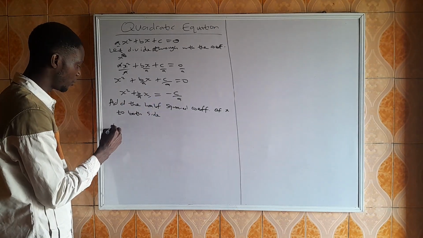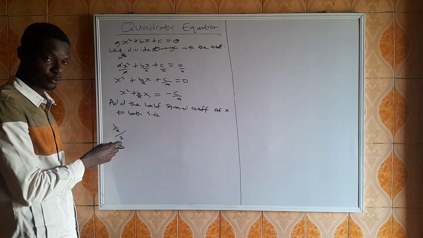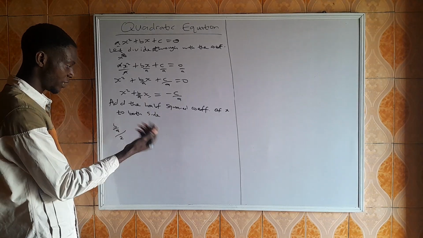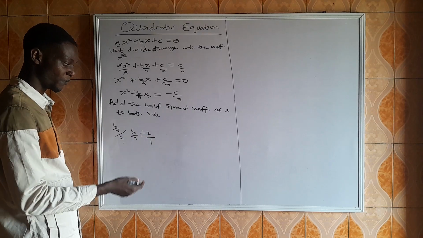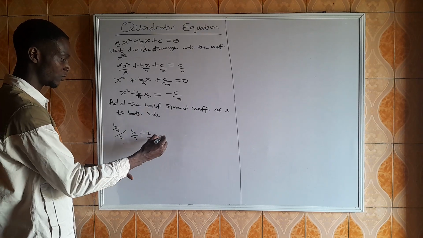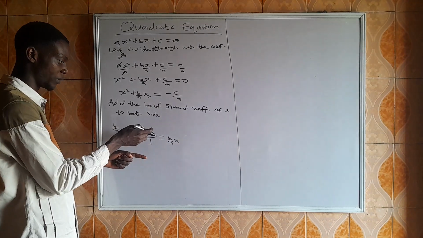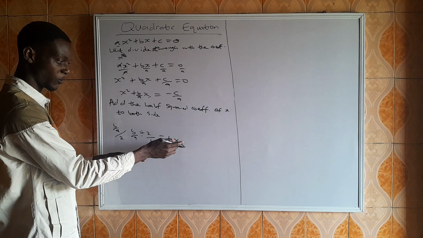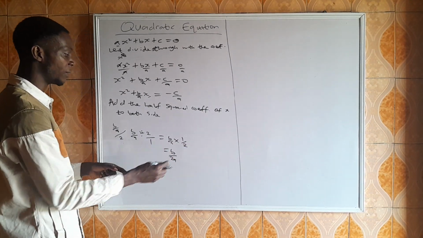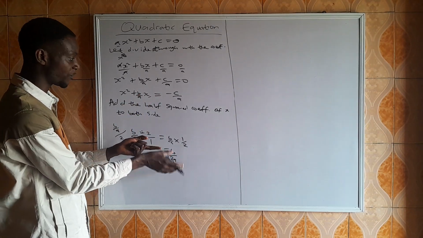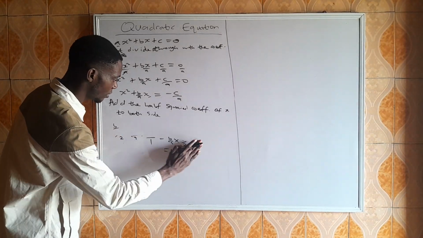The half of b over a is b over a divided by 2, which is b over a divided by 2 over 1. When you interchange this, the sign changes and becomes multiplication. So it will be 1 over 2 times b over a, that is b over 2a. So the half of b over a is b over 2a.